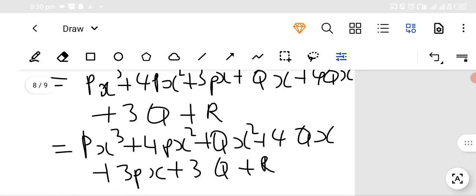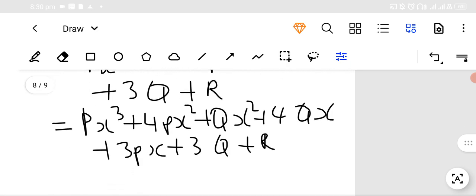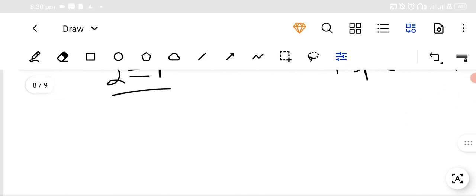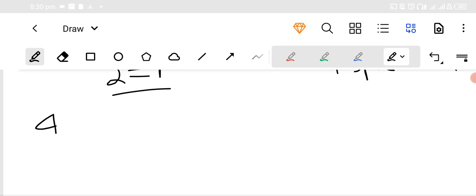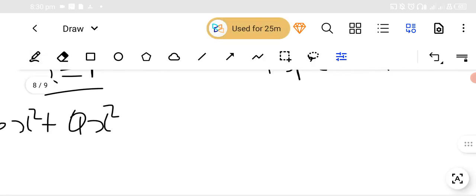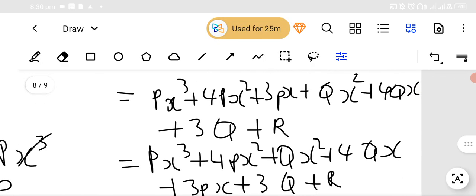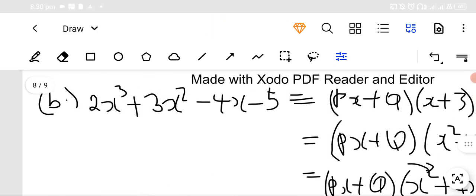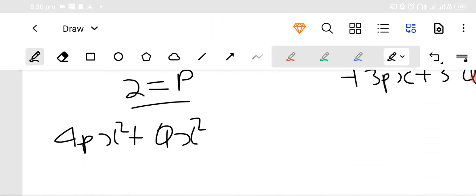And then after that, you know what your value of p is. So you say 4px squared plus qx squared is equal to the left hand side of this one, which is 3x squared.